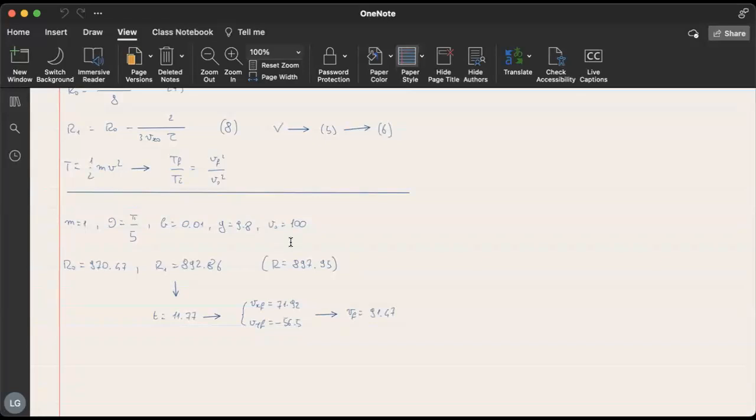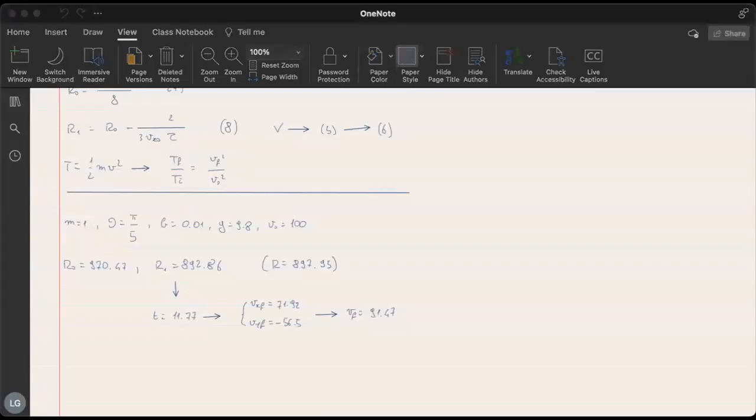And if you square that, you get the loss in kinetic energy, which is going to be 0.8. Sorry, I'm looking for the number. Okay, here it is. I found it.